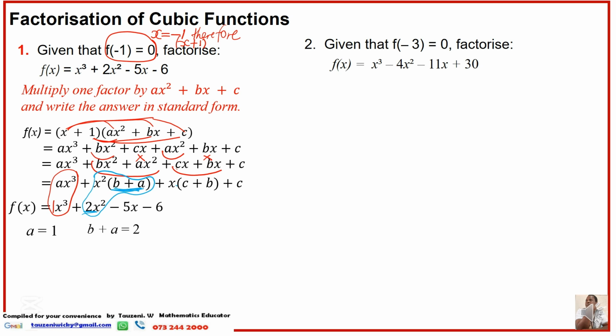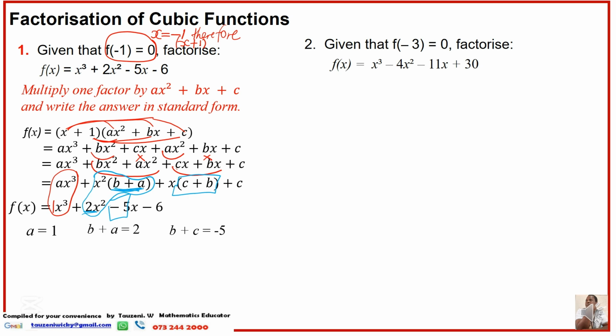The same applies to c. The coefficient of x in this expression and the coefficient of x in the other expression. So here I've got c plus b as the coefficient of x, and here I've got negative 5 as the coefficient of x. Those two are equal to each other. We also equate them.